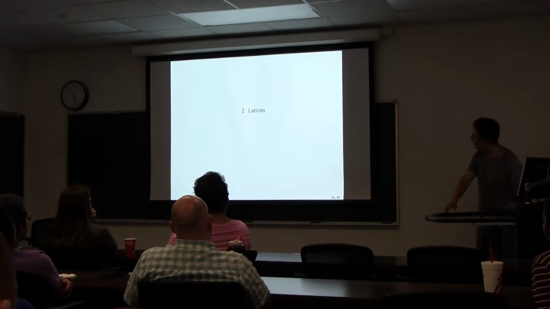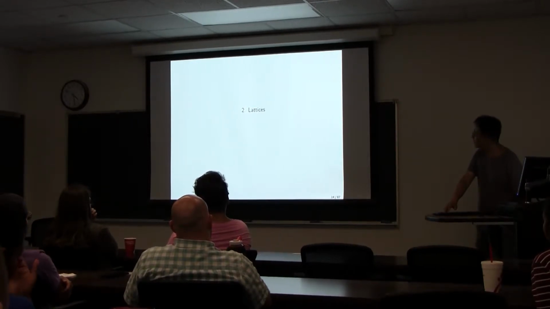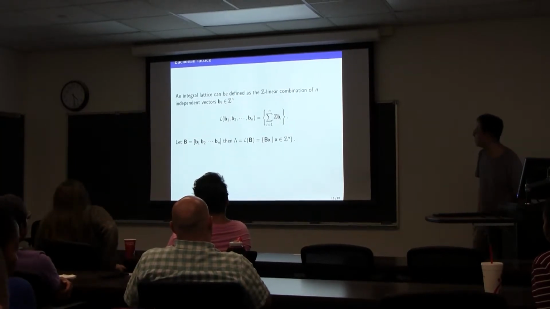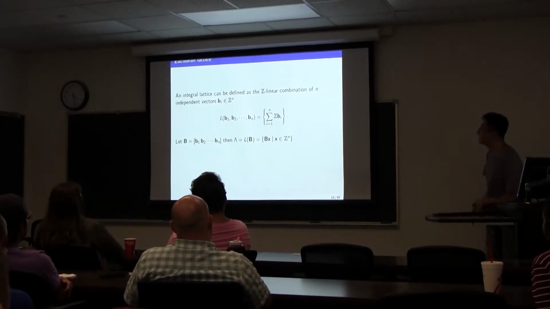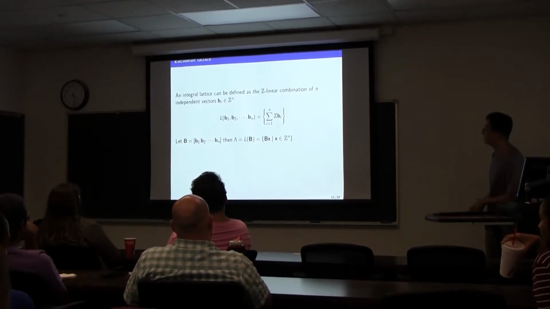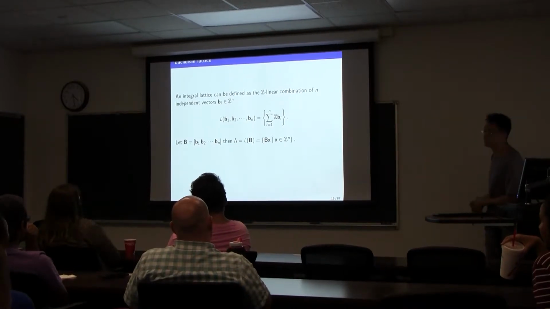Okay, so we have introduced the LWE problem, and then let me give a very quick overview of lattices. A lattice is simply a linear combination. It's the same as the span, except that it's an integral linear span.